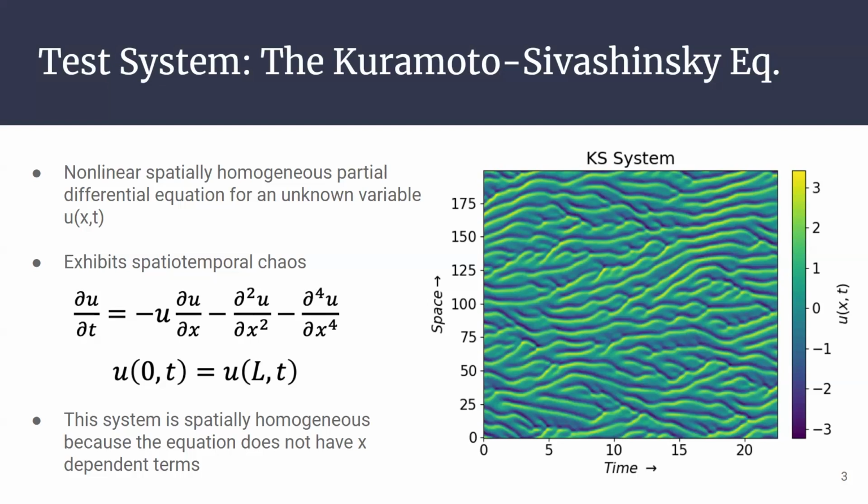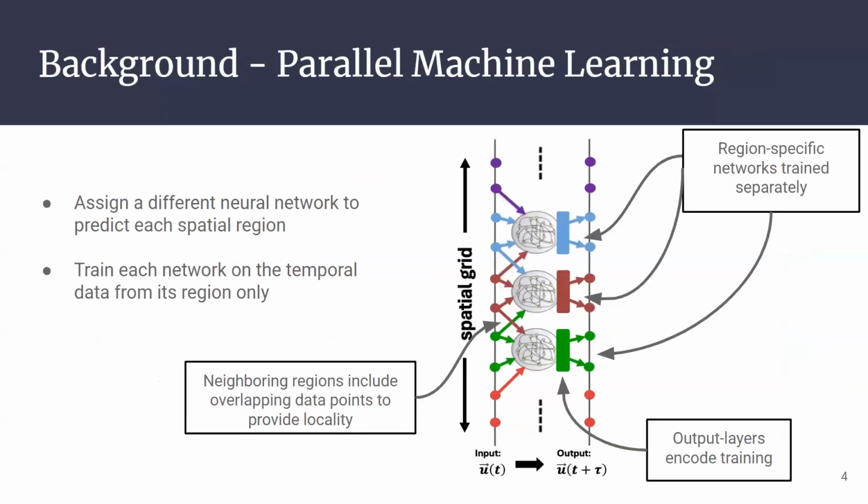So in order to do machine learning prediction on this, we break the region up into smaller subregions and analyze these with their own distinct neural networks. Note the colors here. Doing this training on each neural network in each region in space allows us to capture the local dynamics as well as the global changing of the dynamics.